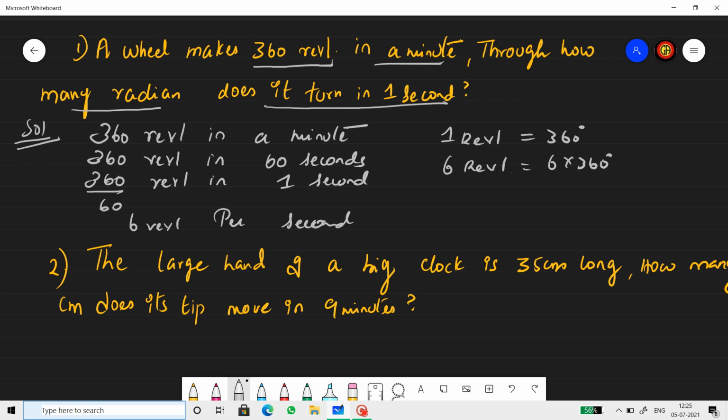So the radian measure is 6 into 360 into pi by 180. Why? Because 1 degree equals pi by 180 radian, right? If you cancel, we get 12 pi radian. So this is the radian made by the wheel in 1 second. All right. Next question.